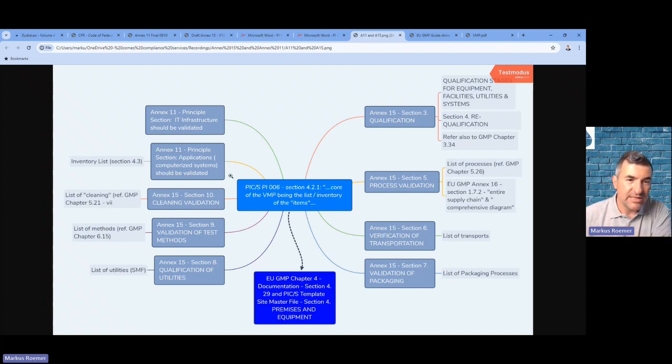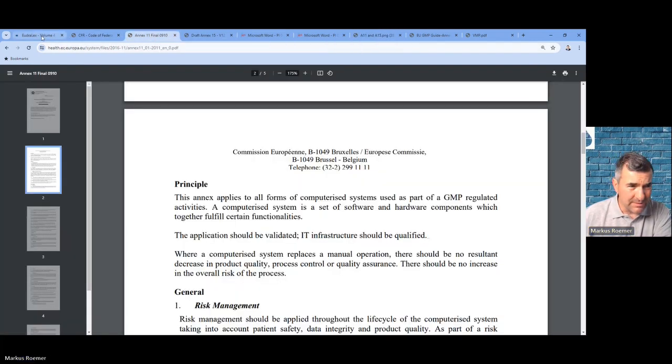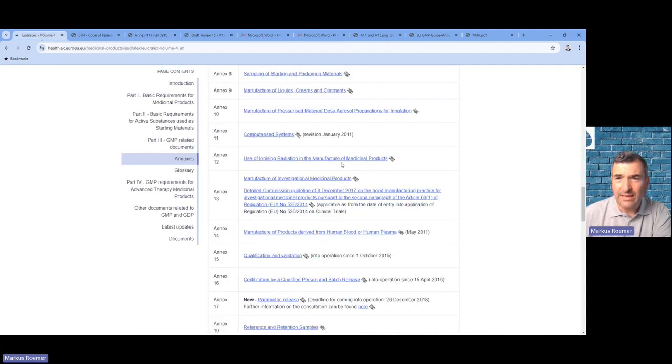So that goes much deeper than just having a flat list of your computerized systems or something like this. So, okay, we started here with Annex 11, Annex 15. I tried to give you a bigger picture and how I handle it with Annex 15 and Annex 11 with different qualification and validation types or categories, that these are based on Annex 15.